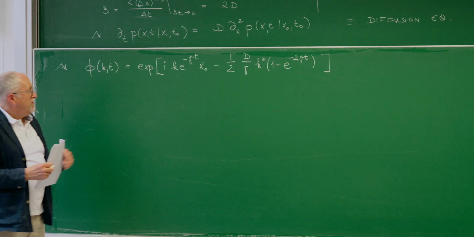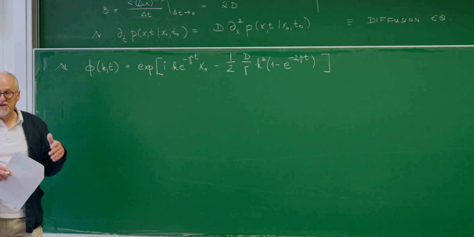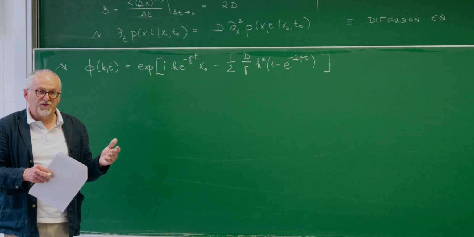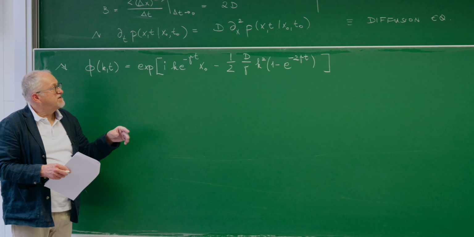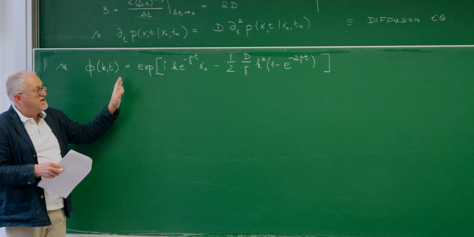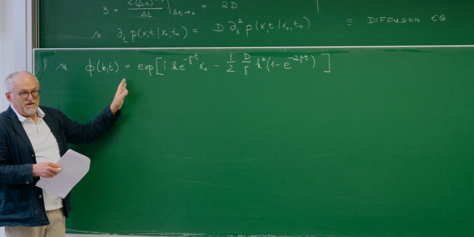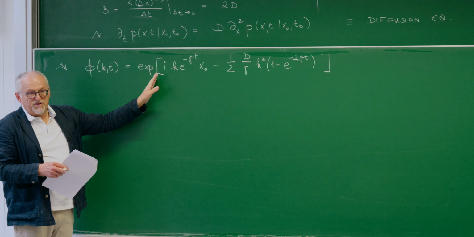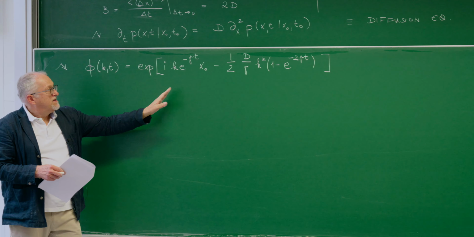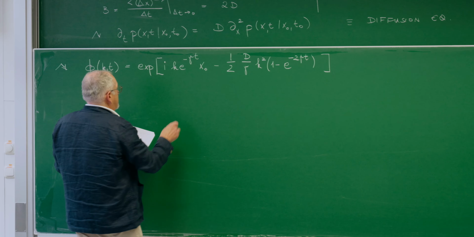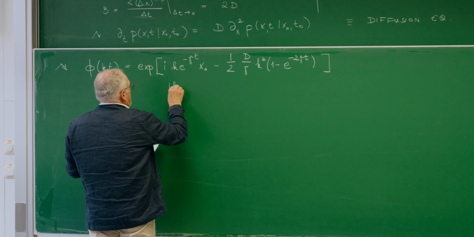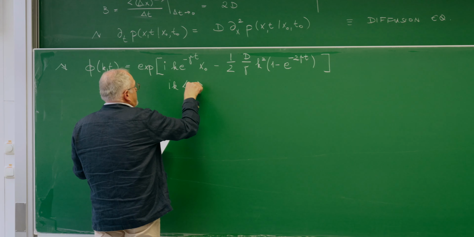Okay, so now this is a characteristic function. It's not the actual probability distribution. But if you have some experience with characteristic functions, this is the characteristic function of a Gaussian. The first term here is the drift term, so this is i k average of x.